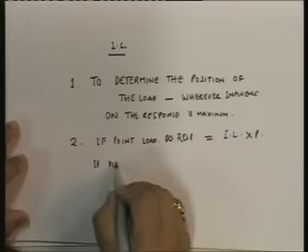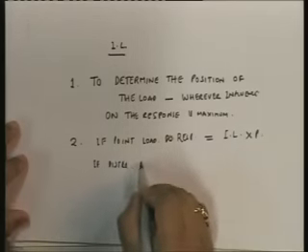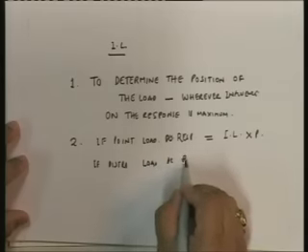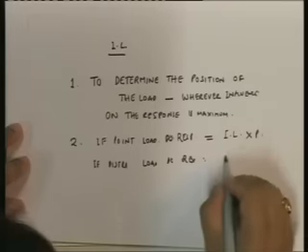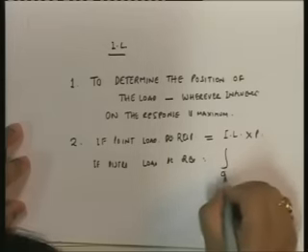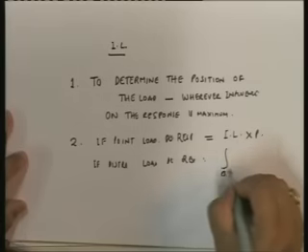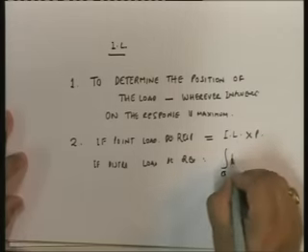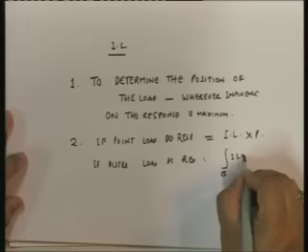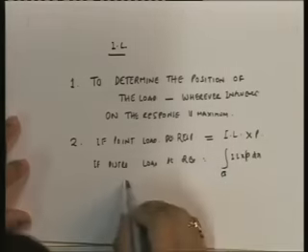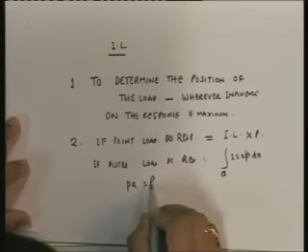If it is a distributed load, then the design response is equal to the integral over the distribution area or length of influence line into pressure into dx, where P into A is equal to the load.